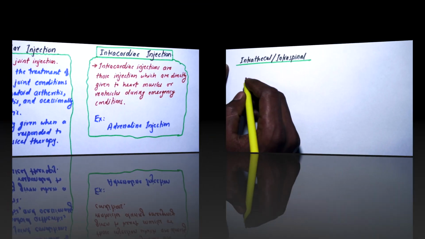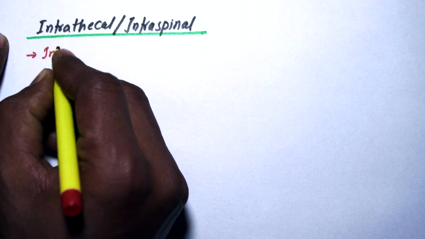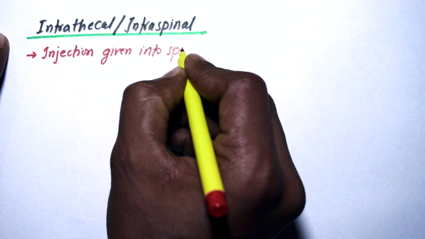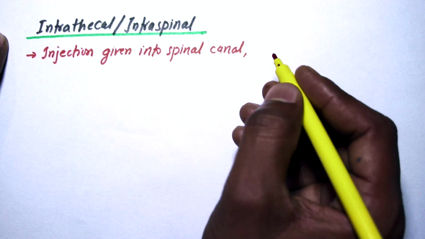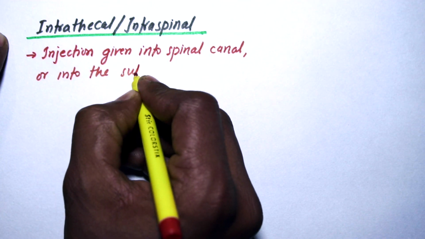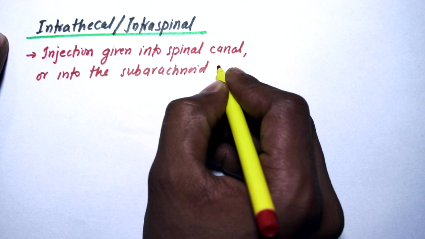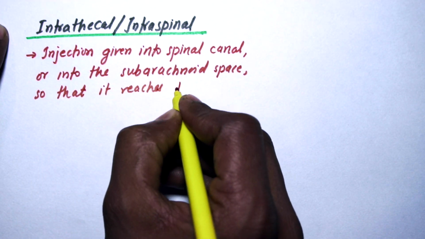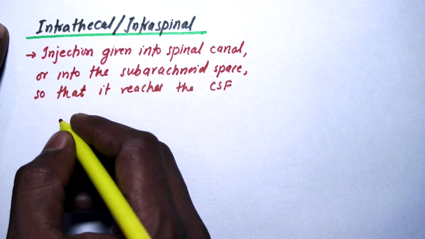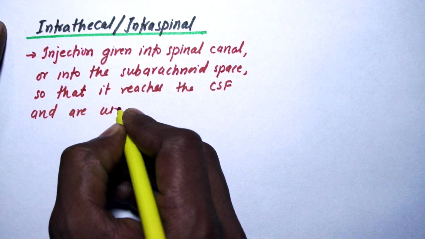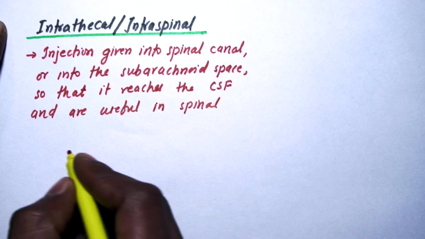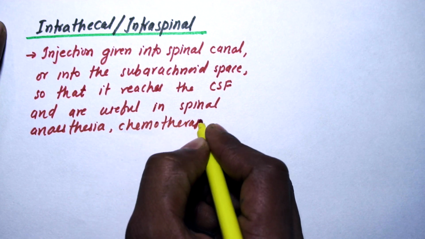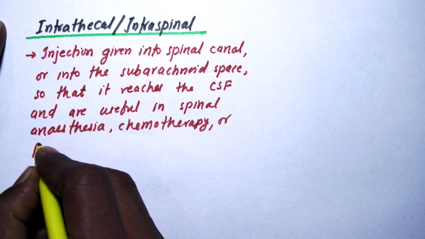Now coming to intrathecal or intraspinal injections. These are injections given into the spinal canal or into the subarachnoid space so that the drug reaches the CSF, cerebrospinal fluid, and are useful in spinal anesthesia, chemotherapy, or pain management.